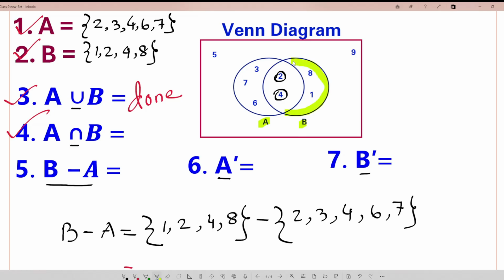Once we find the result of the difference of B and A, we take the elements which are not available in the other set. So B difference A, 1 and 8 are not available in set A, but 2 and 4 are available on both sides. These we will not count.